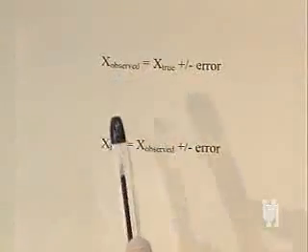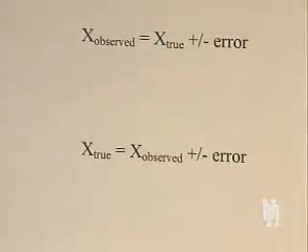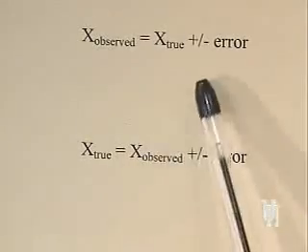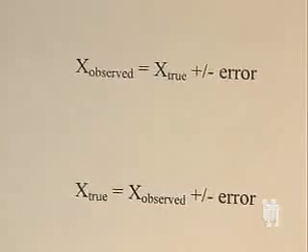If we take a look here, we have X observed, which represents an observed score, equals X true, the true score, combined with plus or minus some amount of error.